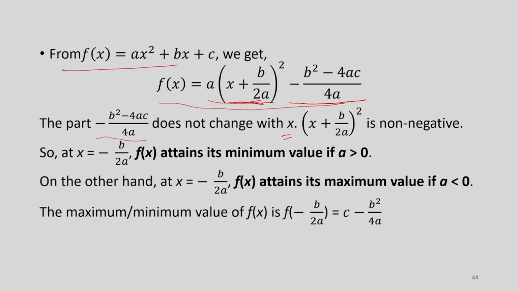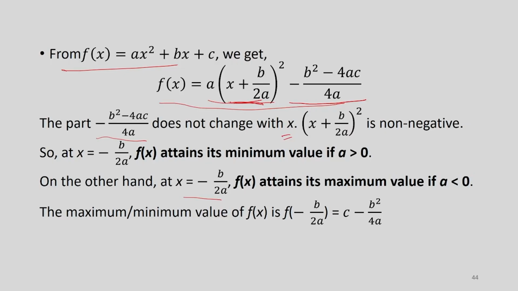On the other hand, if you have x equal to −b/2a and a negative, then this entire term is negative, but if x is equal to −b/2a, then the first part vanishes. So, f(x) becomes less negative and attains its maximum value, therefore, if x is equal to −b/2a and a is negative. Okay.